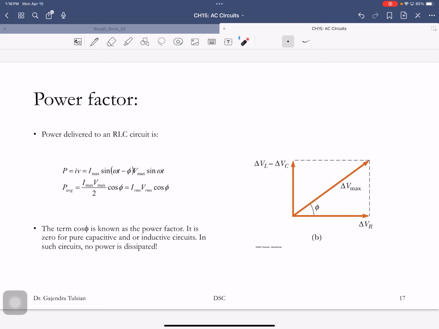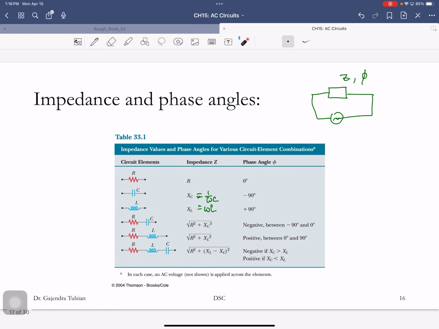So now let's make sure we understand this. This is sort of the punchline. So you've connected a source, and this source is driving this current. So again, the source is V max sine omega t, and the current being driven is V max over Z sine omega t minus phi.